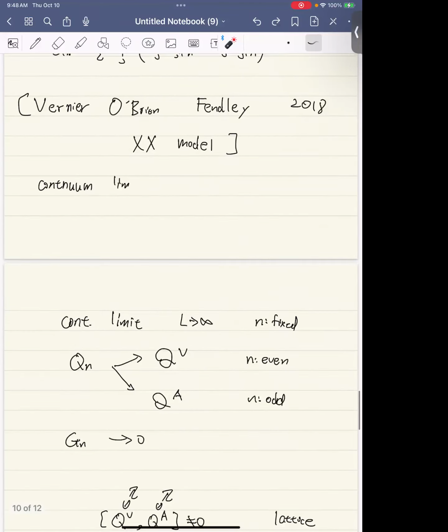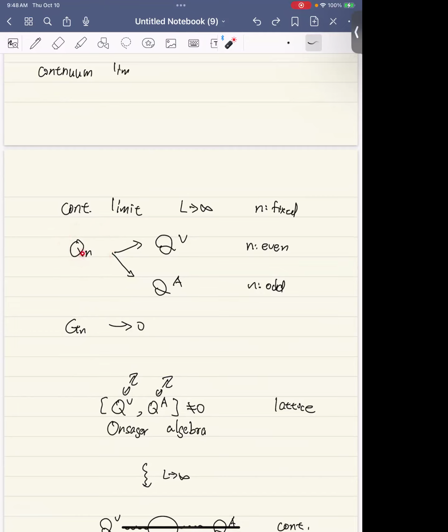No. So for Qn, when n is even, they go through the vector charge. Oh, okay. So Q3, for instance. For Q3, yes. But the charge quantization would be different, the units, or what is different? I mean, is there any reason why you should choose Q1 as opposed to Q3 or Q5?